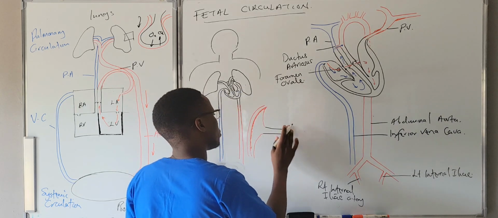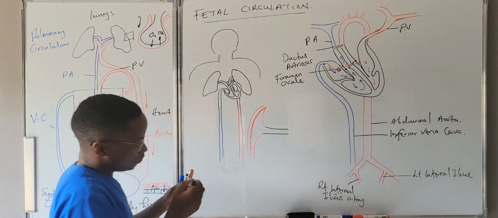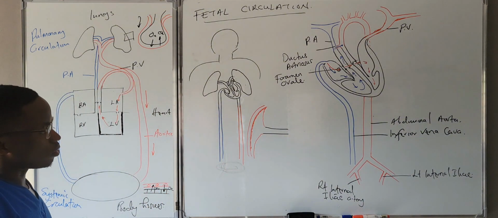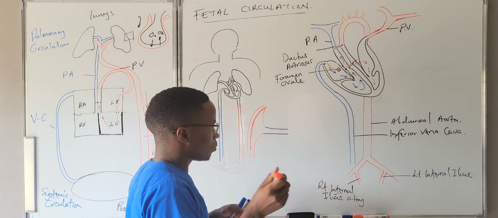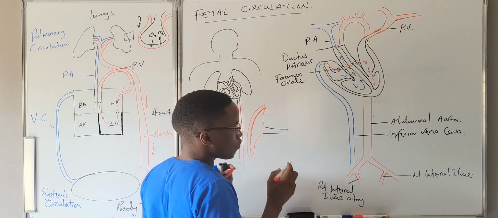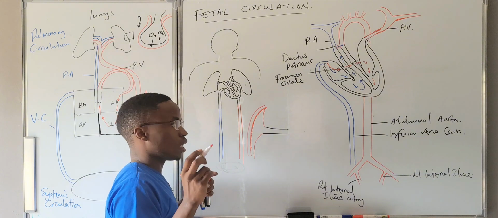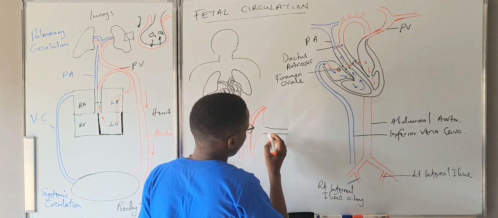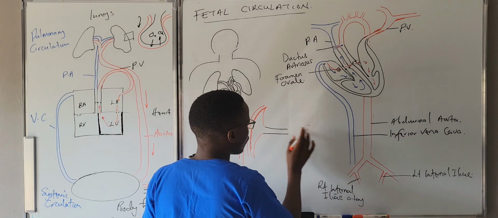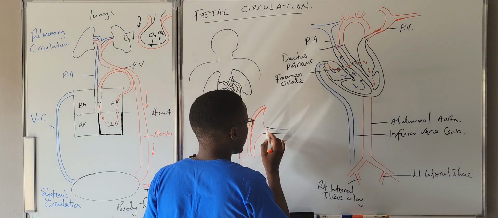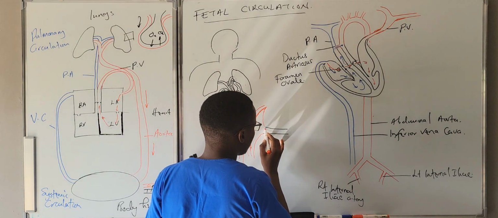I'm not going to draw it so long. Now, this umbilical cord has one vein and two arteries. So here is the vein.